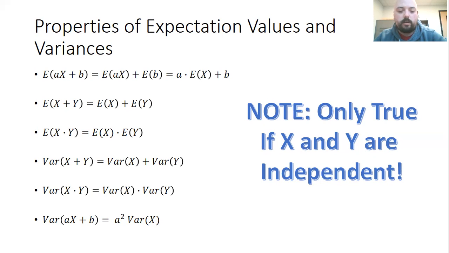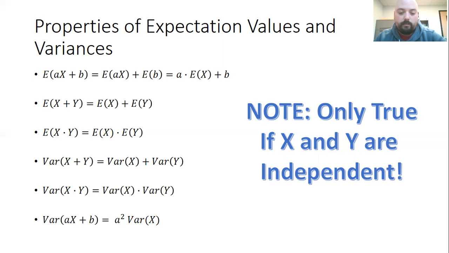So these are the useful expectation values and variances that we'll essentially need in order to derive that particular variance that we looked at before, if you're not familiar with how that variance is necessarily derived. Probably the most important one of note is the bottom relationship, where we take the variance of an independent variable that's multiplied by a scalar and added by a constant.